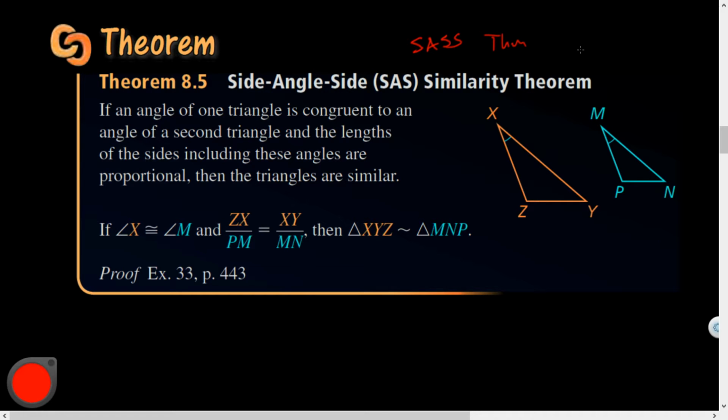If an angle of one triangle is congruent to the angle of a second triangle, and the lengths of the sides including these angles are proportional, then the triangles are similar. All right, so notice the fact that it says included there is significant, right? That the angles have to be in between the sides that we're talking about.